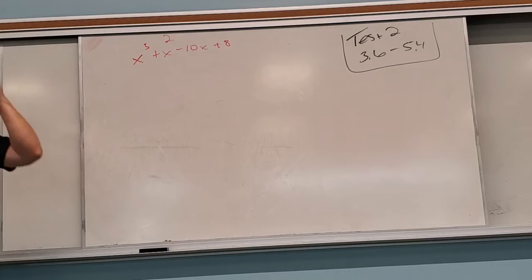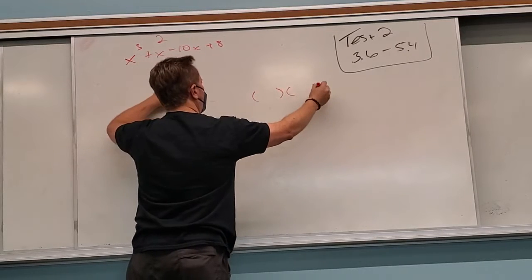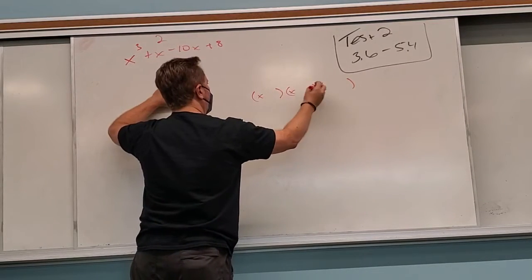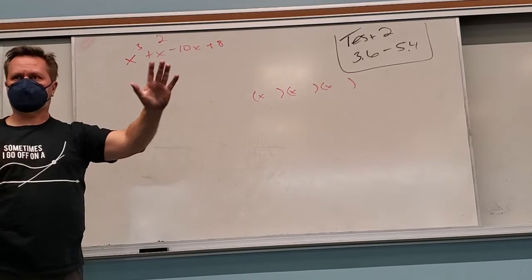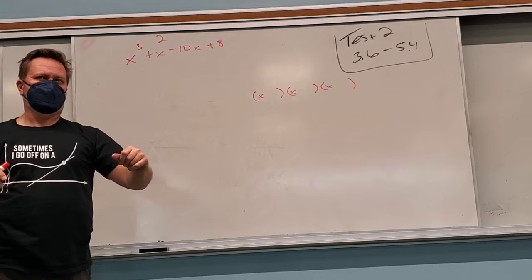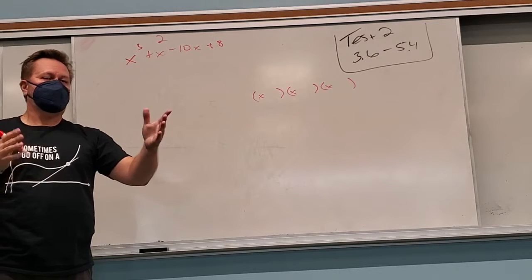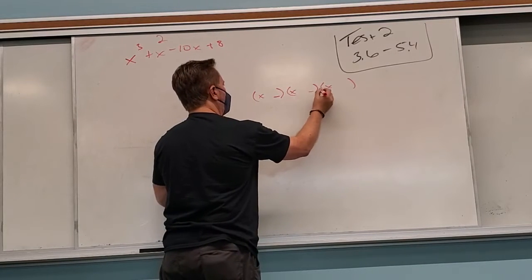So real quick, you guys. Most likely, this came from something that looks like this. Is this cool? Wouldn't this have come from something like that? Can anyone tell me anything about the numbers that would be here?